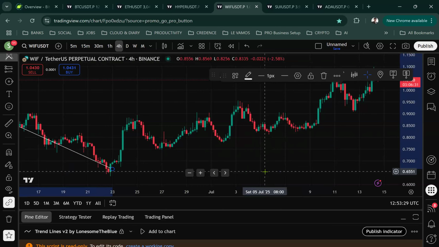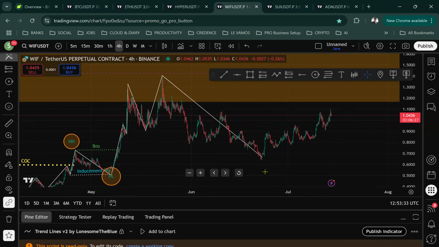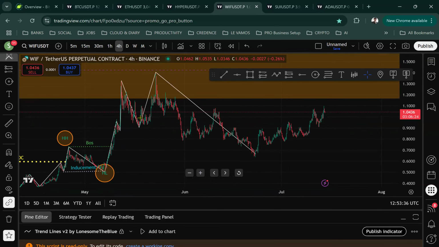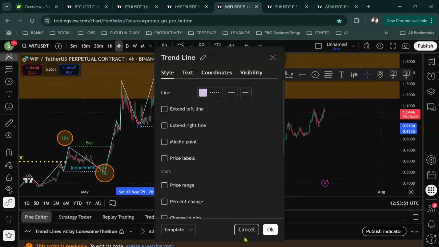And that move is the correction, right? Exactly. And we don't know if the correction is complete yet until we have a break at the top. We don't know the correction is completed, but the inducement is confirmed.